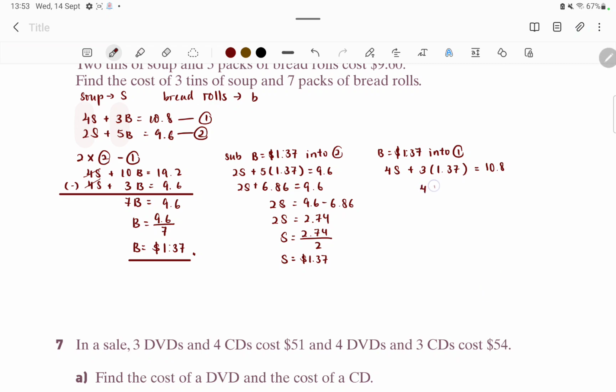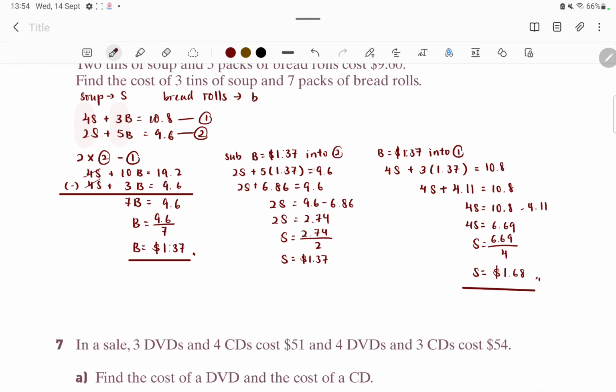And then 4s plus 4.11 equals 10.8. 4s equals 10.8 minus 4.11. 4s, you should get 6.69. S equals 6.69 divided by 4. This one you get 1.68.